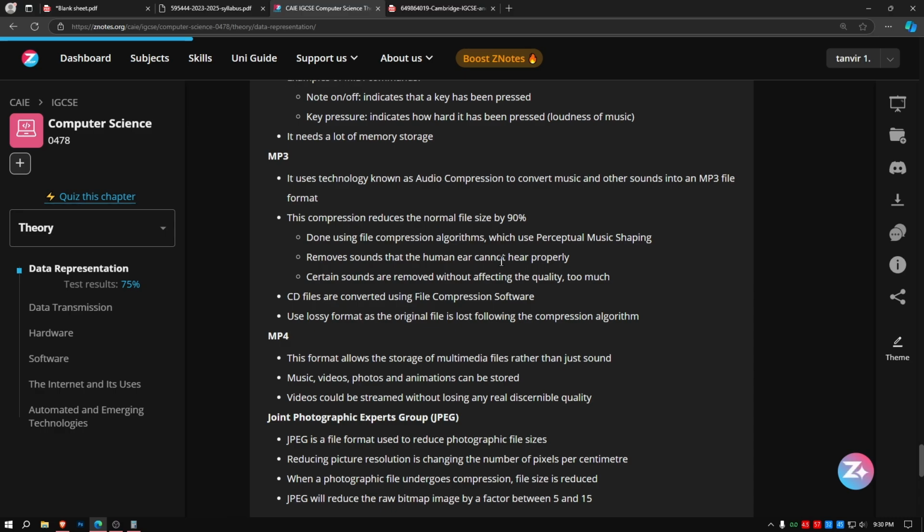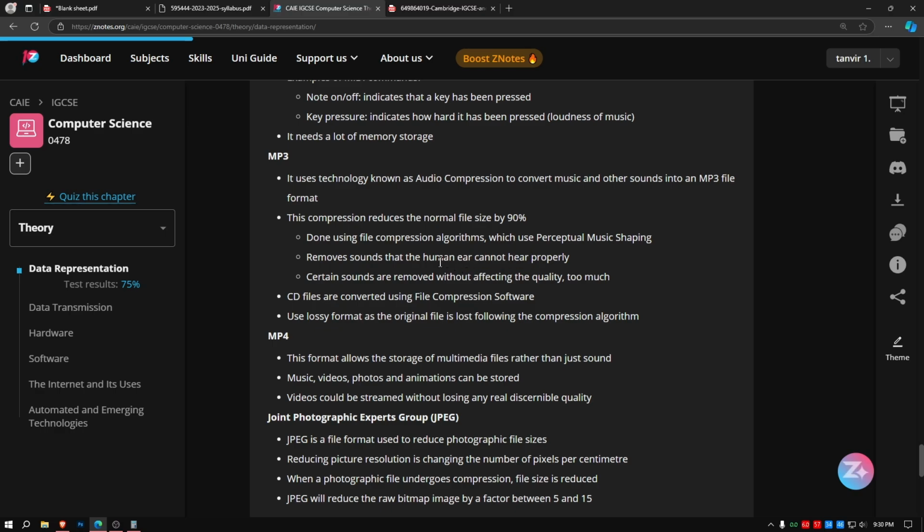So how does it work? It uses perceptual music sharpening. So that is generally how the file is compressed, right? But how does it remove the data? How does it compress the file, or how does it save storage?